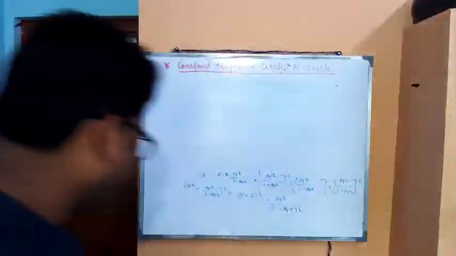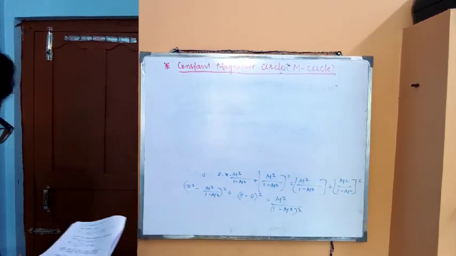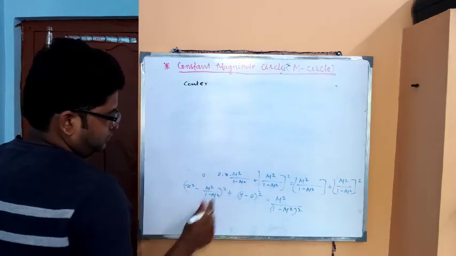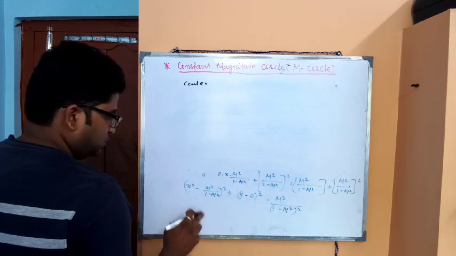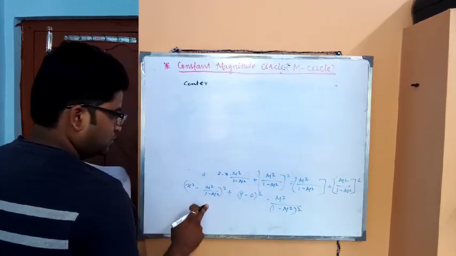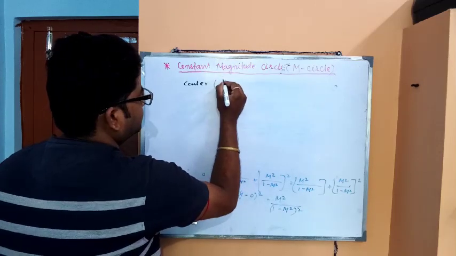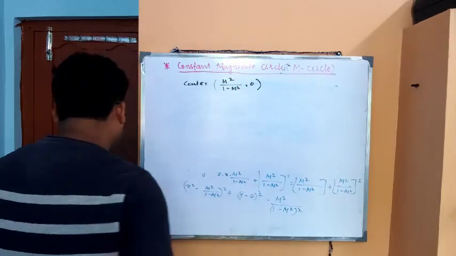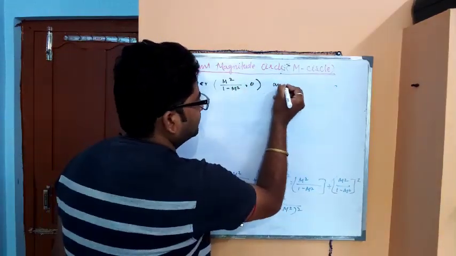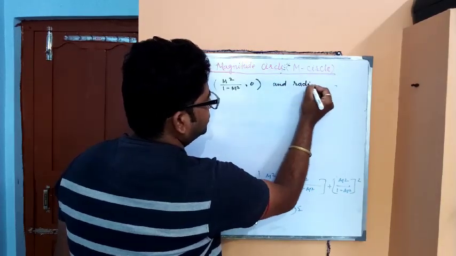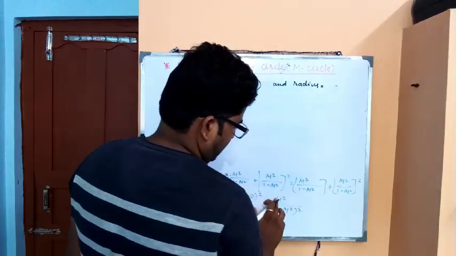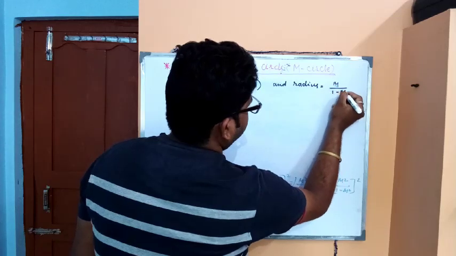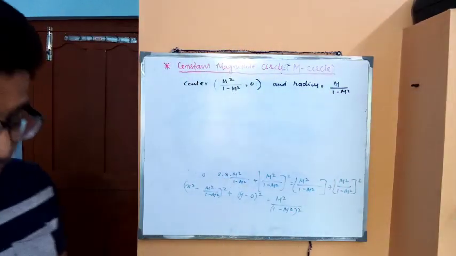The coordinates of the center of the given expression is m square by 1 minus m square comma 0, and the radius is m upon 1 minus m square. This is the radius and center of the circle.